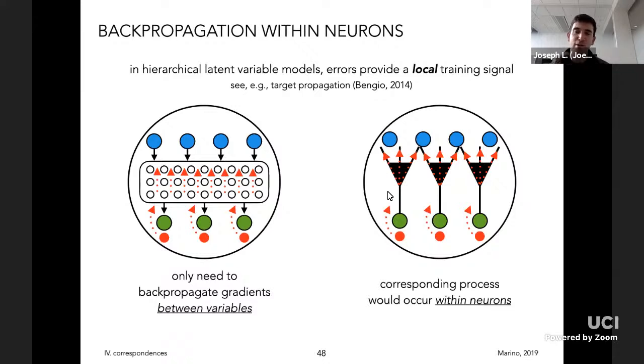It's only happening locally at these neurons. And it remains to be seen how well this can be described, but there are some papers that have looked at both formalizing pyramidal neurons as computationally analogous to deep networks, as well as performing backpropagation within the dendrites of those neurons. So I think there is some evidence to start to go on there, but it's really early days for looking at this.